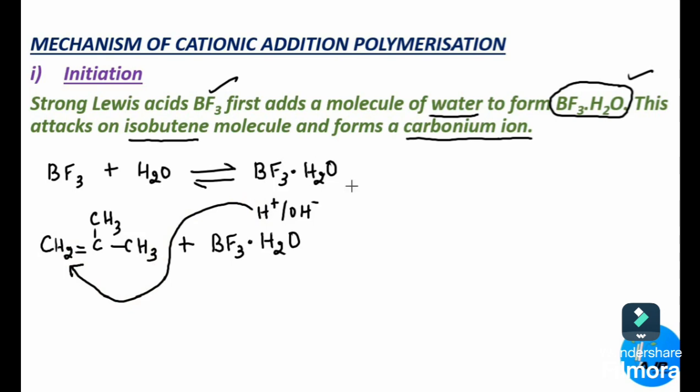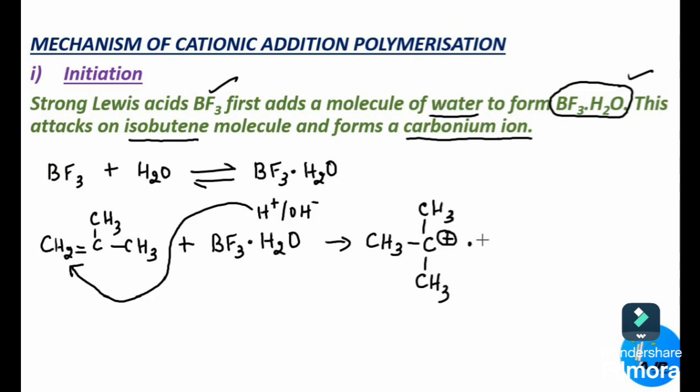So now this becomes CH3, single bond C, with CH3 and CH3 again. Since the H+ ion is attacking here, we get a positive charge here, so let us put a plus.